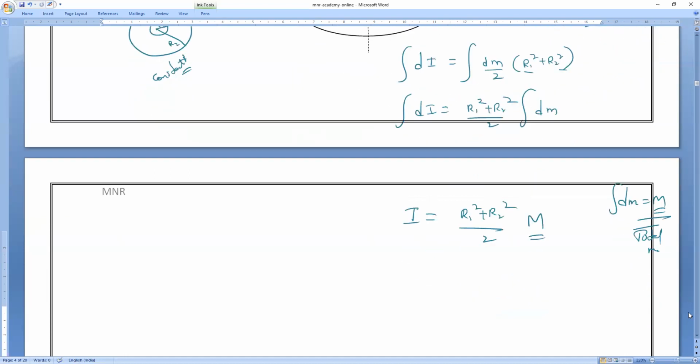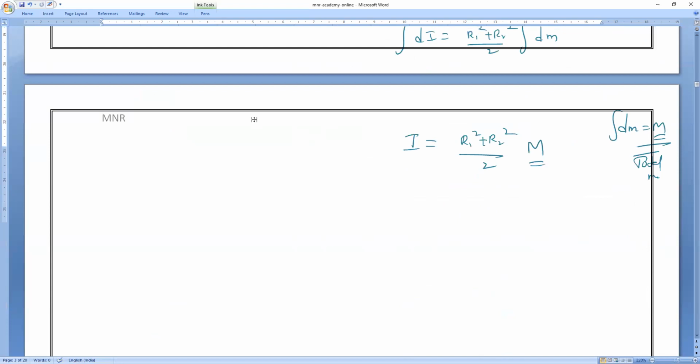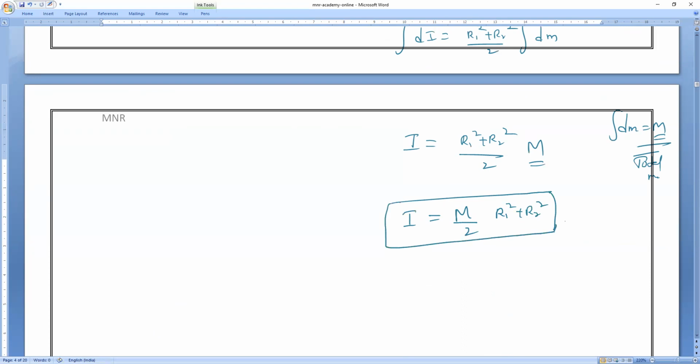So what will happen with a hollow cylinder, not completely hollow? I equals M by 2 into R1 square plus R2 square. I hope you all understand what a cylinder is, the types of cylinders, and the moment of inertia related to them.